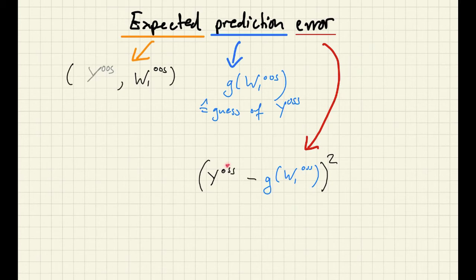Since y out of sample and w1 out of sample are random variables, this is describing the prediction error for all possible realizations. If we want to break this down to a single number, we can just take the expectation. And this gives us the expected prediction error. Let's abbreviate this by EPE.